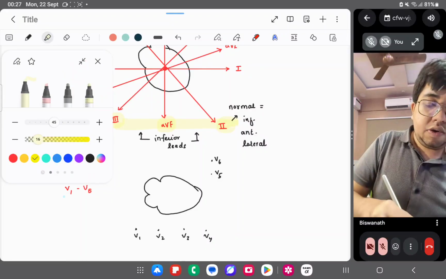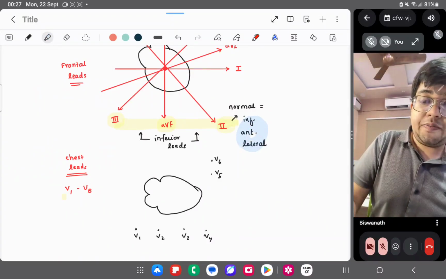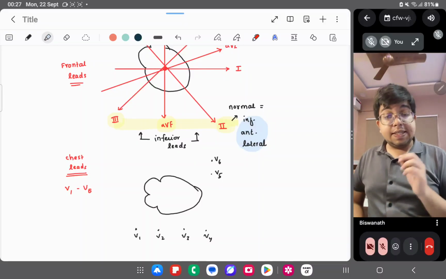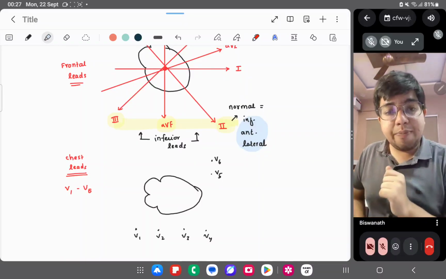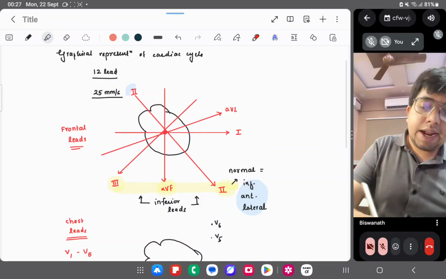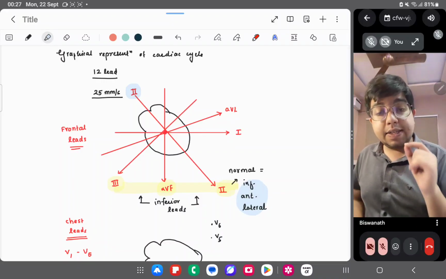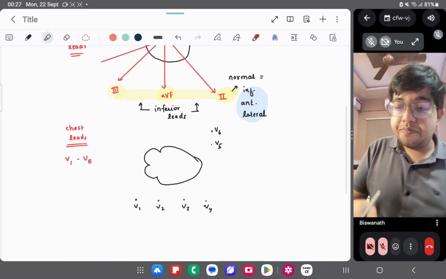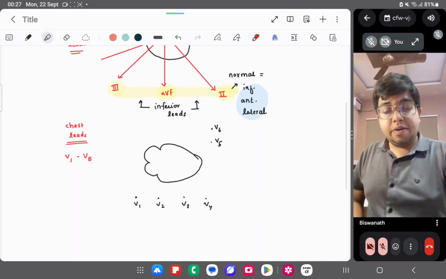This is your normal direction. And which lead is maximally aligned with the normal electrical vector? This is again lead number 2. This is done.